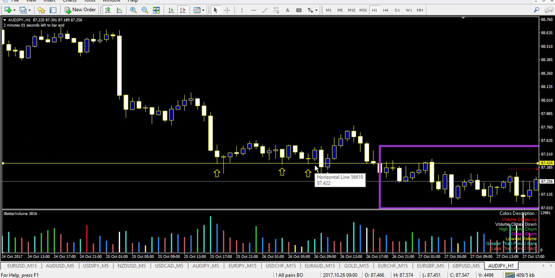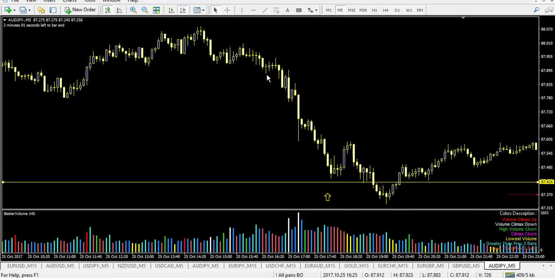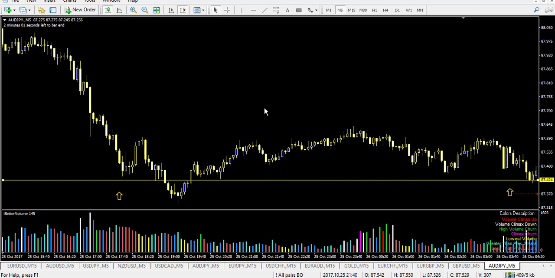And then the next step is to look at the 5-minute chart to fine-tune it. I take the 1-hour chart to get more order flow and to have a more reliable level. Then I fine-tune on the 5-minute chart and I verify if my level is correctly placed.